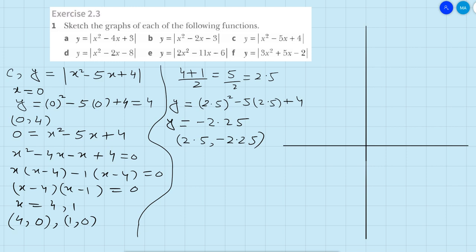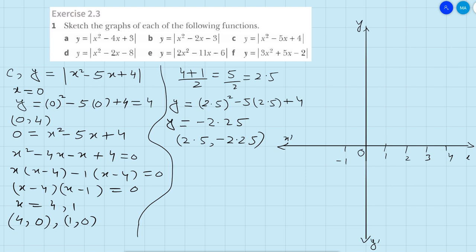This is your x-axis, positive x-axis, negative x-axis, positive y-axis and negative y-axis. So take 1 square as 1: this is 1, this is 2, this is 3, this is 4, this is minus 1, this is 0.